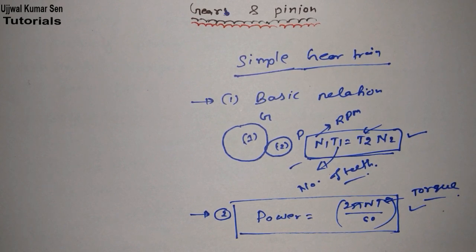But the approach I have shared with you for solving numerical problems is most important. So first try to build the approach. For building the approach you need some basic concept about the theory, as well as the formulas you have to remember. So this is all about gears and pinions and of course the numerical problem.